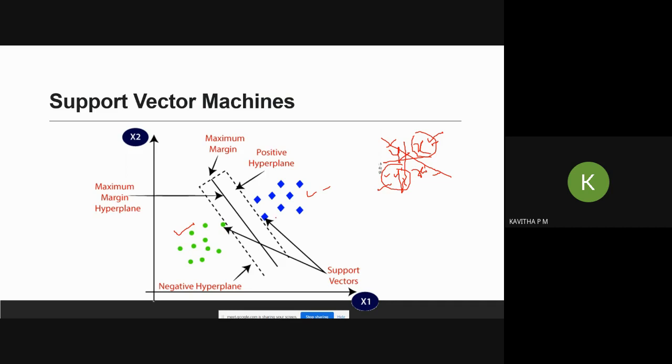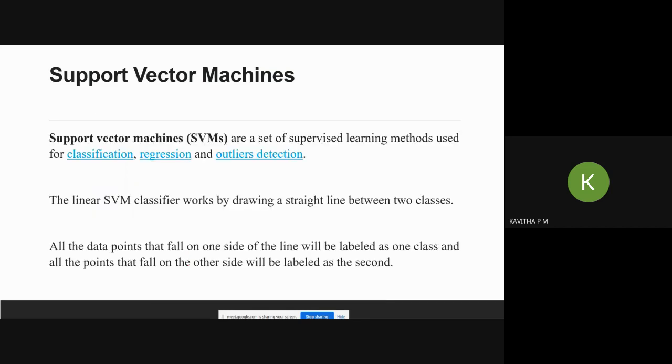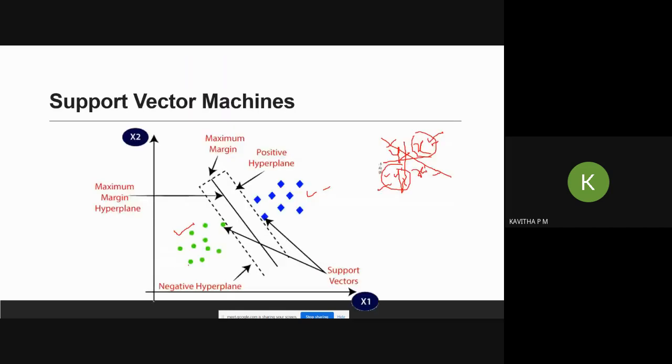The plottings above the line we call the positive hyperplane, and the plottings below the particular line we call the negative hyperplane. Are you clear with this, guys? Yes, ma'am. Understood.